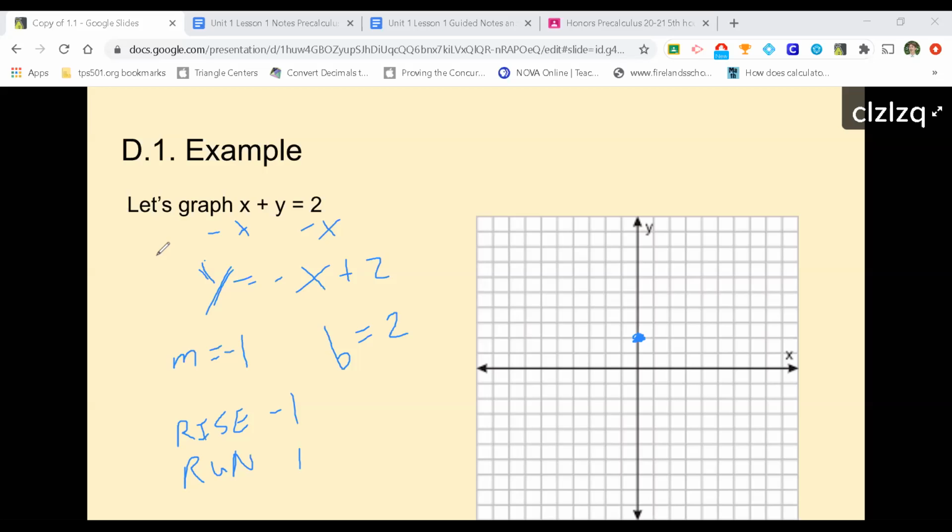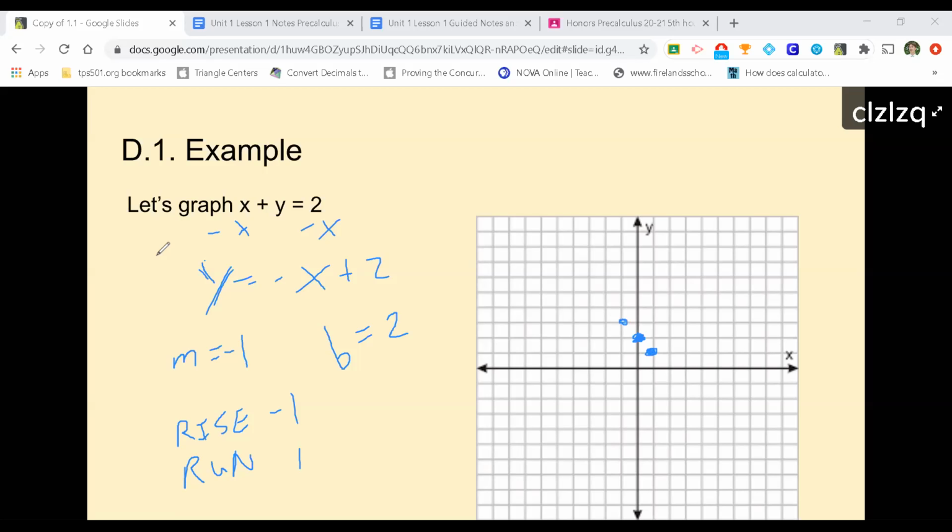And they don't put the -1 over 1 because, of course, anything divided by 1 is just itself. No need to write that extra detail. We all just know that means the run is 1. So that means I go down 1 over 1. Or I could go up 1, left 1.